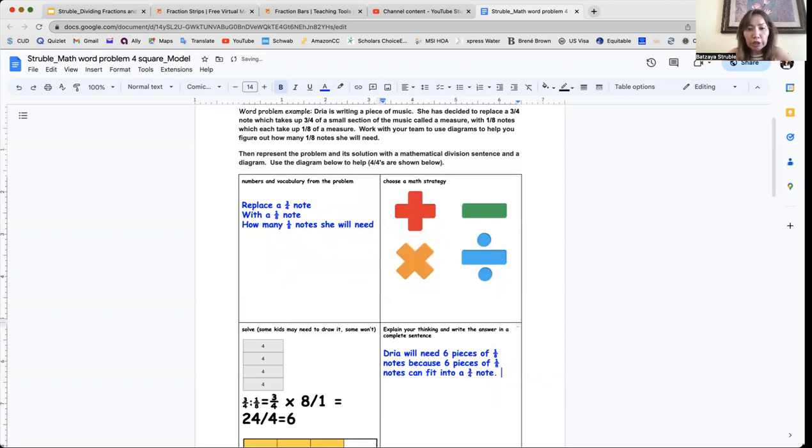So I also explained my answer, right? So Drea will need 6 pieces of 1/8 notes because 6 pieces of 1/8 notes can fit into 3/4 note.